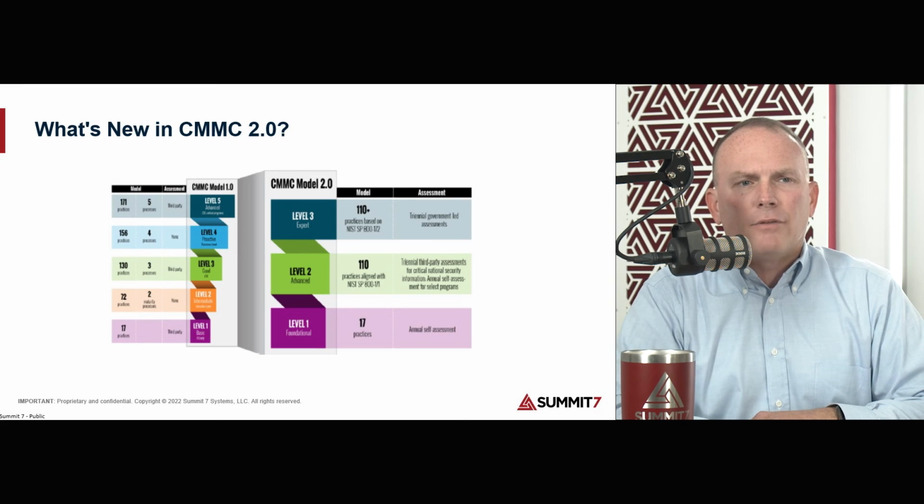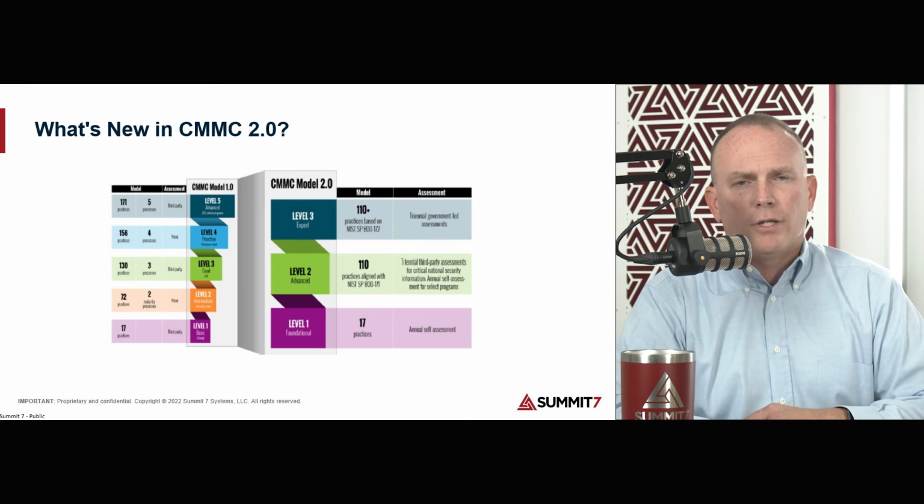That basically takes away the possibility of a self-assessment at level 2. It may exist as part of the program, but it is not feasible because the government has yet to identify any CUI categories that they would believe to be non-critical CUI. So effectively, it doesn't exist. Just to keep it simple: level 1, self-assessment; level 2 and level 3, third-party assessment.